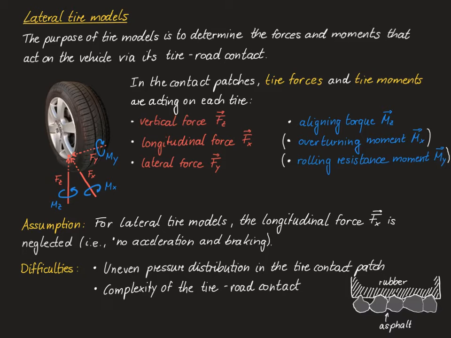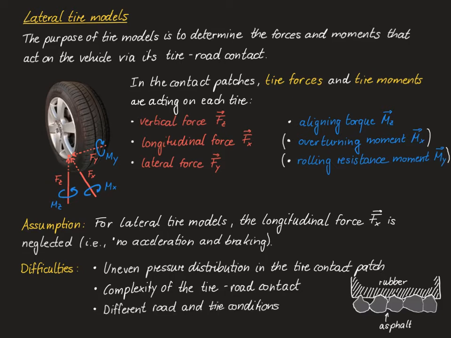The second difficulty is due to the complexity of the tire road contact on a very small contact patch. This fact is illustrated in a little diagram where we see a little rubber patch of the tire, and we see that at some points it has a close connection and adhesion to the asphalt of the tire, whereas at other points there is no contact between the rubber and the asphalt.